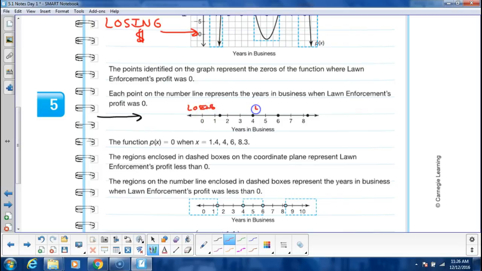In here, we're losing. And over here, we're losing. But in between these, we're making money. Okay? So in interval notation, we're losing in those three.